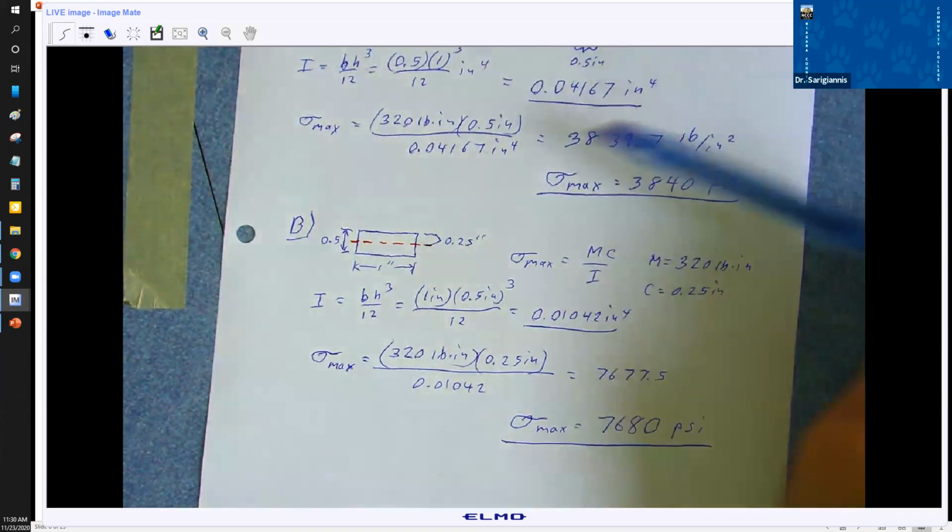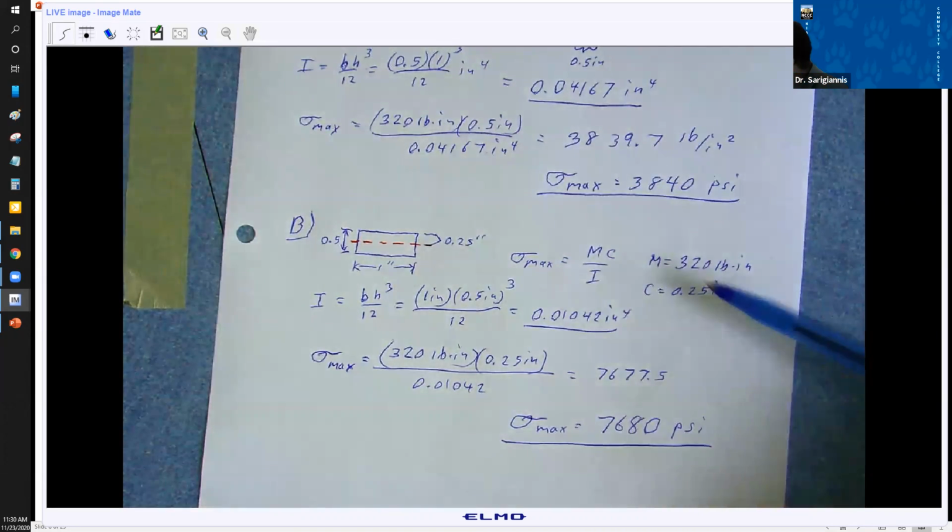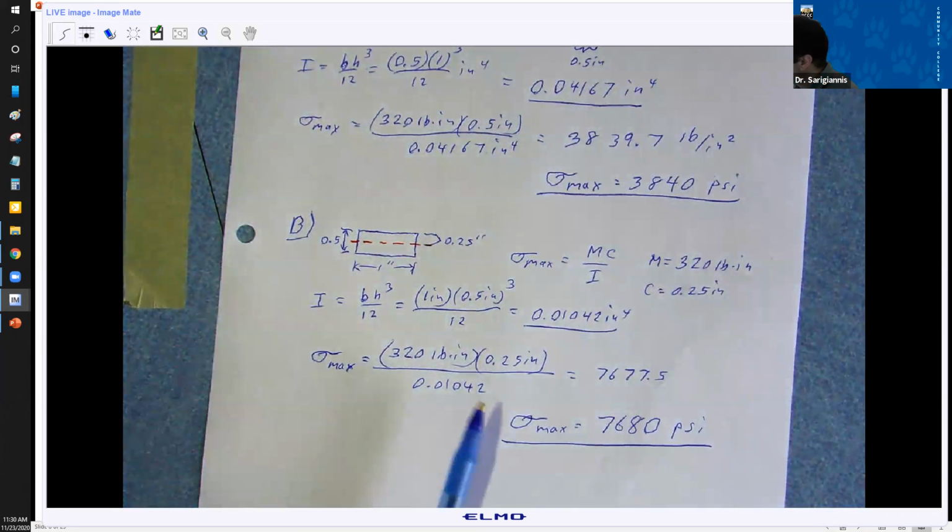Oh wait, where's the C? 0.5. Sorry, by a half. So it's a half and a quarter. So that makes sense, right? It's about double the stress. Well, it is double the stress.